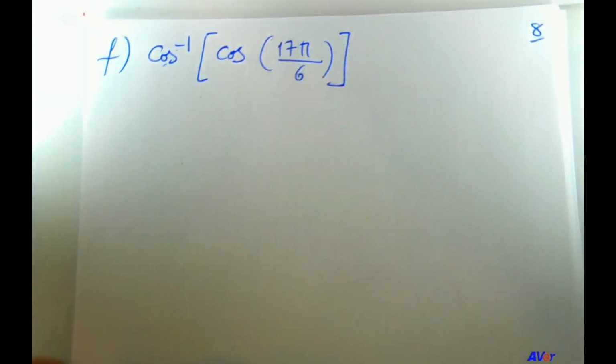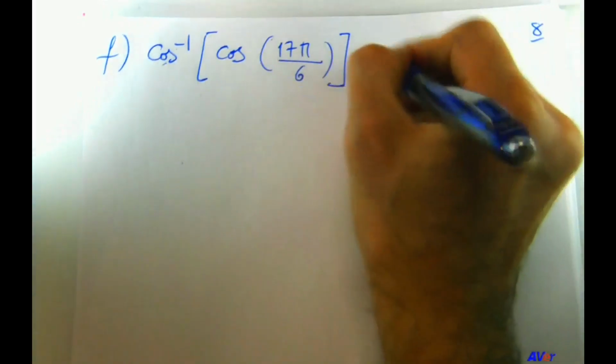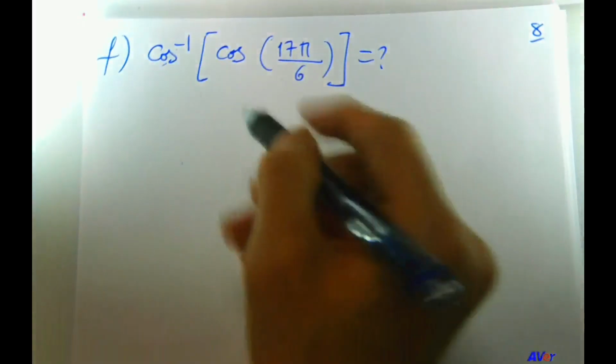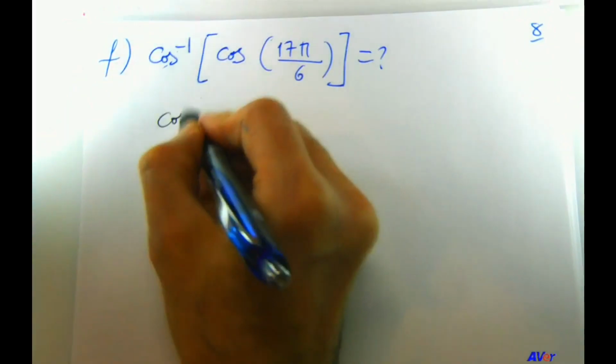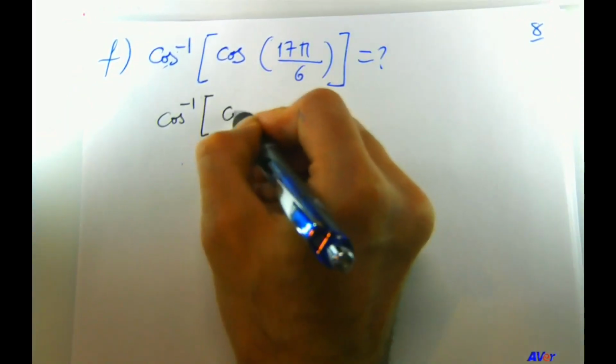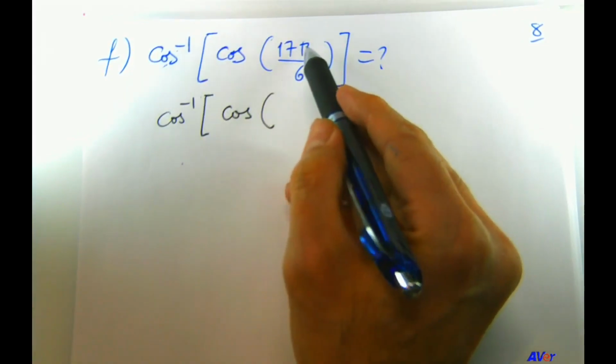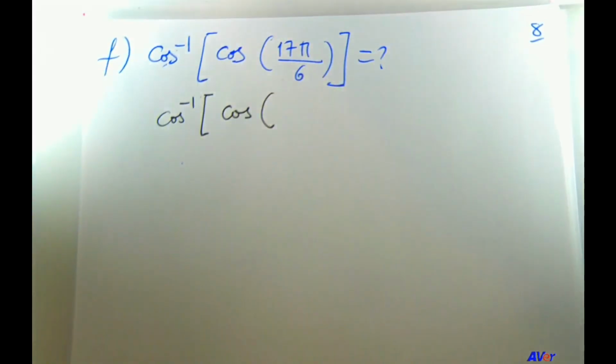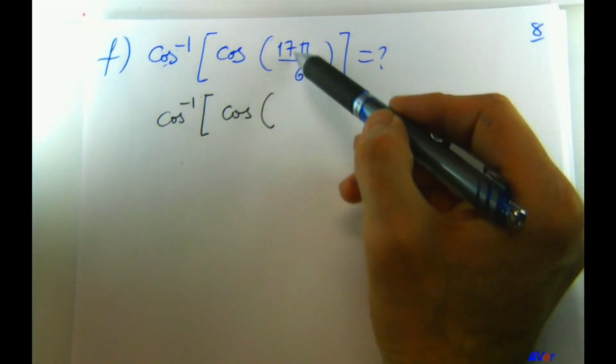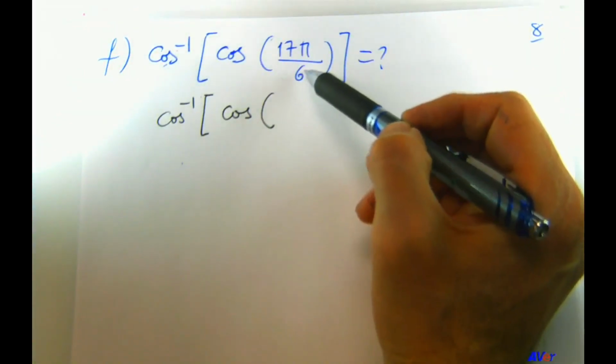Okay, so let's break this up. That's what they're asking us. This is equal to, let's see, if we have 12 pi over 6, that would work, yeah.